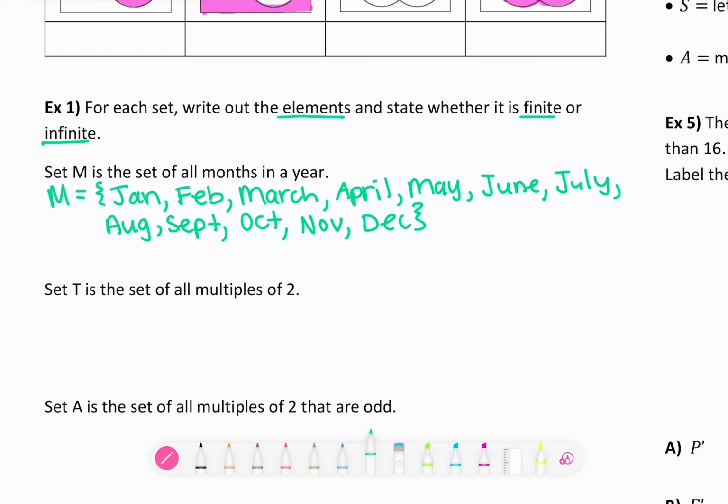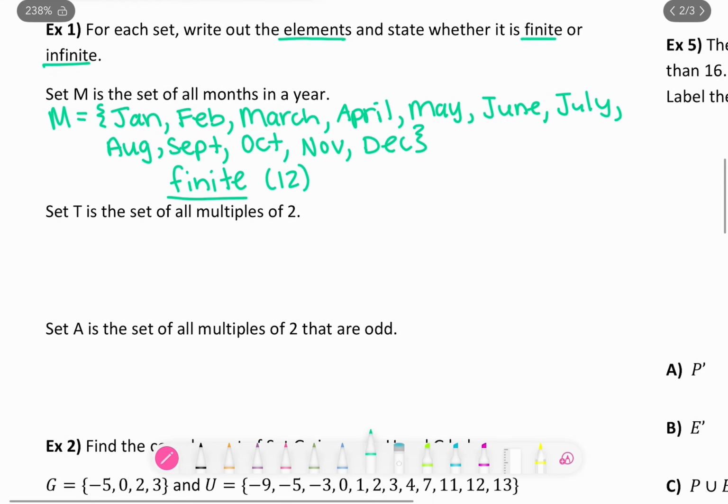I know it's finite because there are exactly 12, a countable amount of months. It doesn't keep going forever. So this is a finite set.